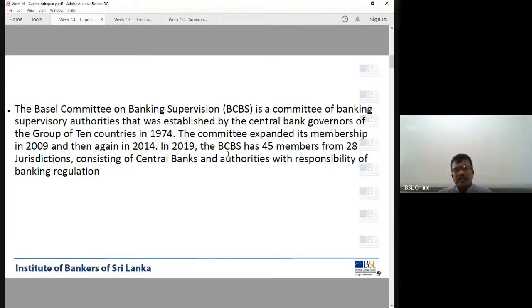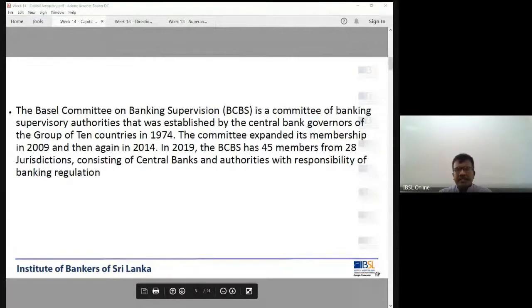In 2019, the Basel Committee on Banking Supervision, BCBS, has 45 members from 28 jurisdictions, consisting of central banks and authorities with responsibility for banking regulation. The Basel Committee is looking into the stability of the banking system throughout the world. They stipulate certain ratios: at least you must maintain this much capital against the risk-weighted assets. That's what they are saying.